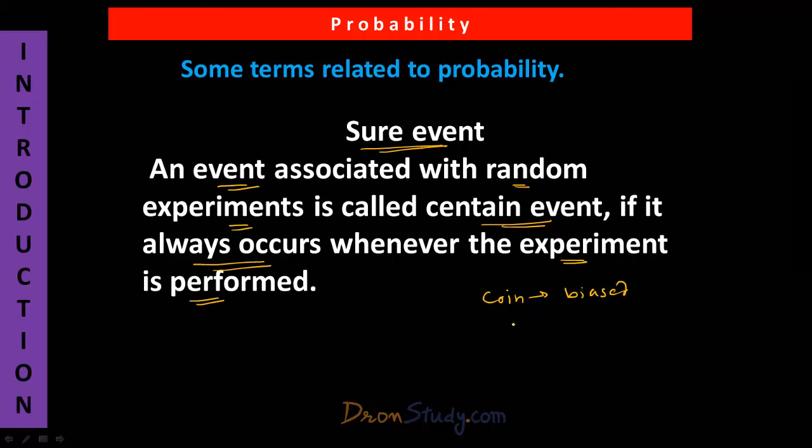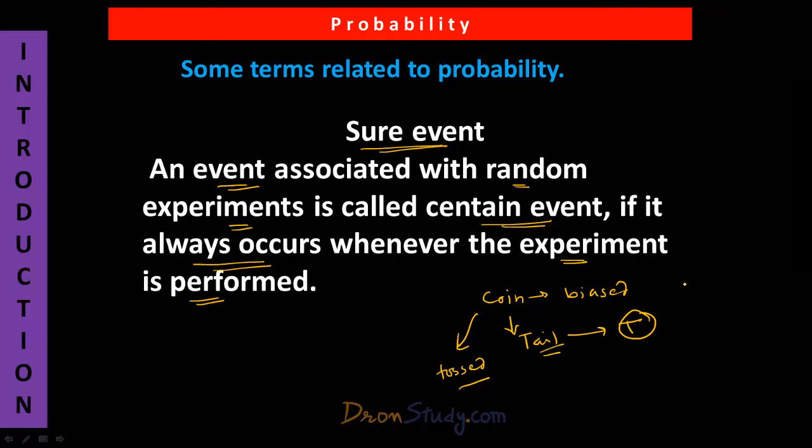It means on that coin both sides there is a tail. If such a coin is tossed, then every time the coin is tossed, the outcome will be tail only. And such an event is called a sure event.